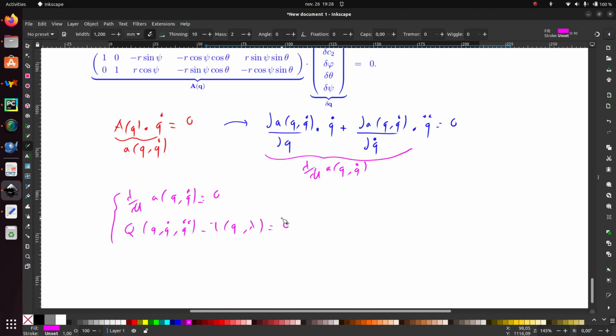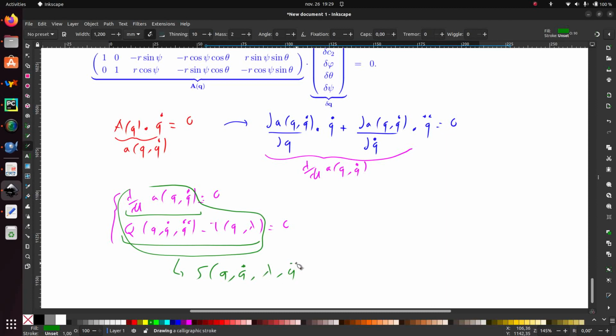So now I have 7 equations, 7 variables, and all is linear in q dot dot and lambda. So this one and this one, okay, all this I will call for simplicity S, which depends on q, q dot, lambda and q dot dot, and again I am linear with respect to lambda and q dot dot.